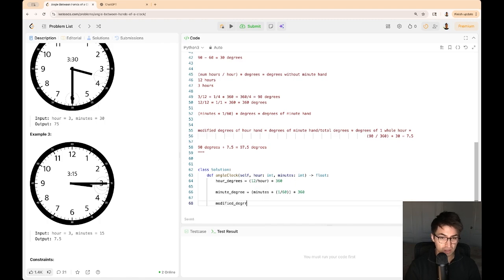Modified degrees, and I can rename these. The modified degrees equals the degrees of the minute hand, minute degree, divided by the total degrees times the degrees of 1 whole hour, which is, why did I put 30?